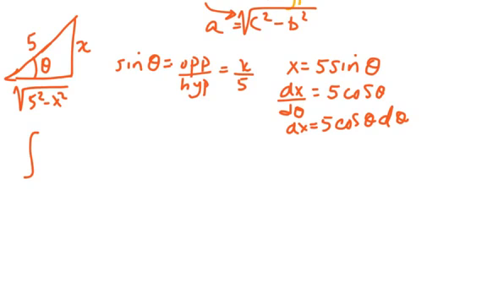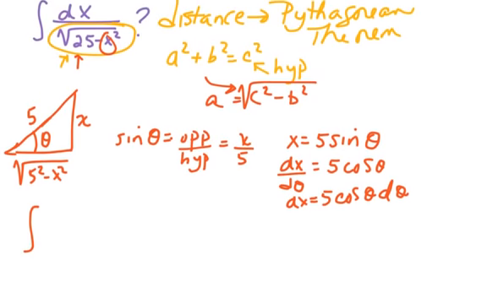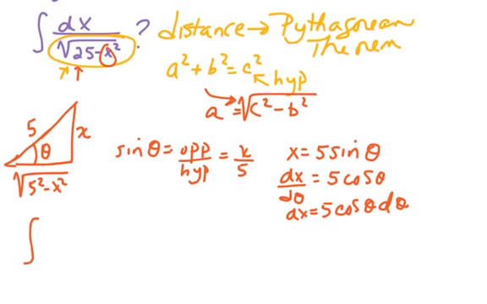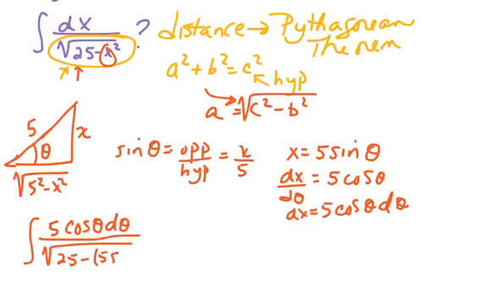I've got an x and a dx, and I can substitute the pieces into the original integral. dx is simply 5 cosine theta d theta, and for the root of 25 minus x squared, x is 5 sine of theta, and then I have to square that. Let's do a little bit of algebra. 5 cosine theta d theta on top, there's not much we can do there.